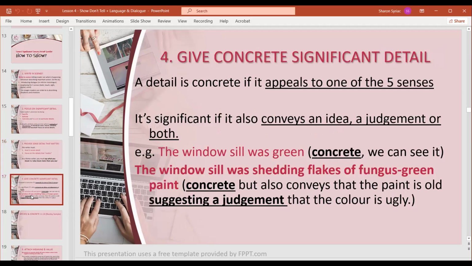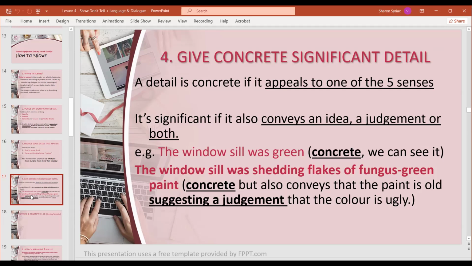Another way of giving concrete, significant detail is this: a detail is concrete if it appeals to the five senses. And it's significant if it also conveys an idea or a judgment or both. So you must attach some kind of value or meaning to what you say. For example, if you write the windowsill was green, yes, that is very concrete.